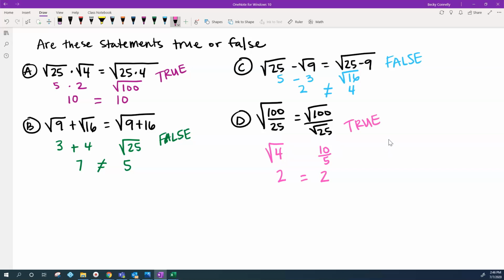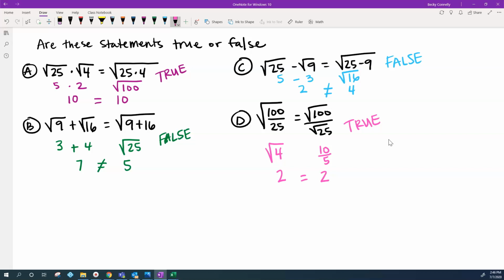So what this is telling us is that with multiplication and division, you can put these radical statements together or you can separate them out, but you can't do that with addition and subtraction.